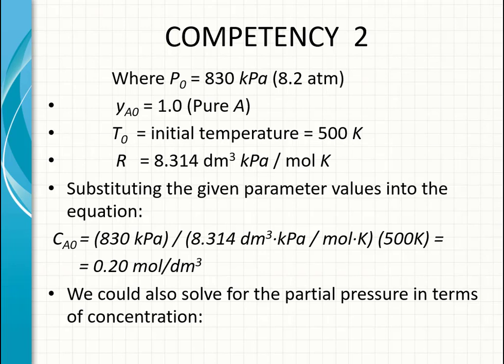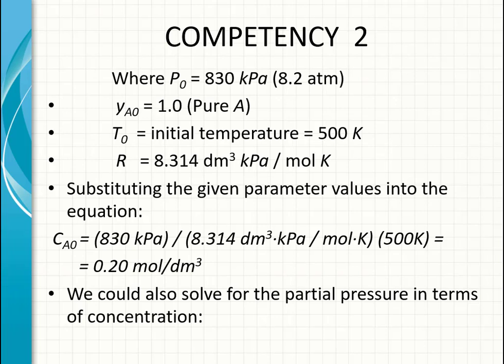If we substitute these parameters into the equation, we will find that CA0 is equal to 830 kilopascals divided by 8.314 liter kilopascal divided by mole Kelvin times 500 Kelvin, which will give us a result of 0.2 moles per liter.